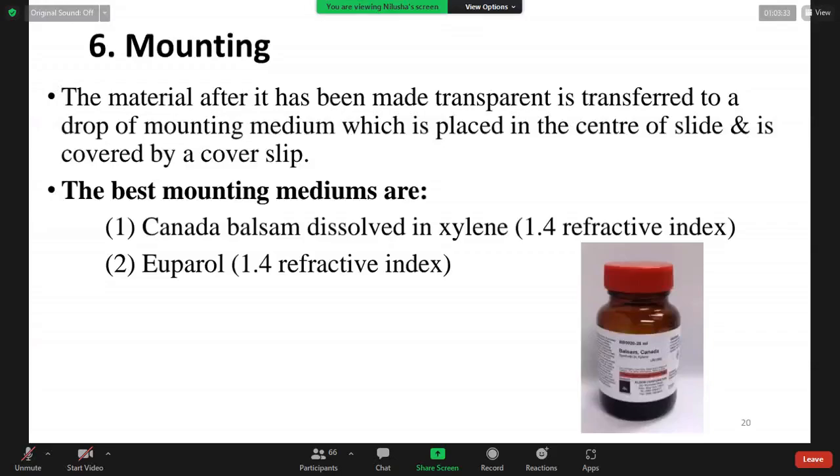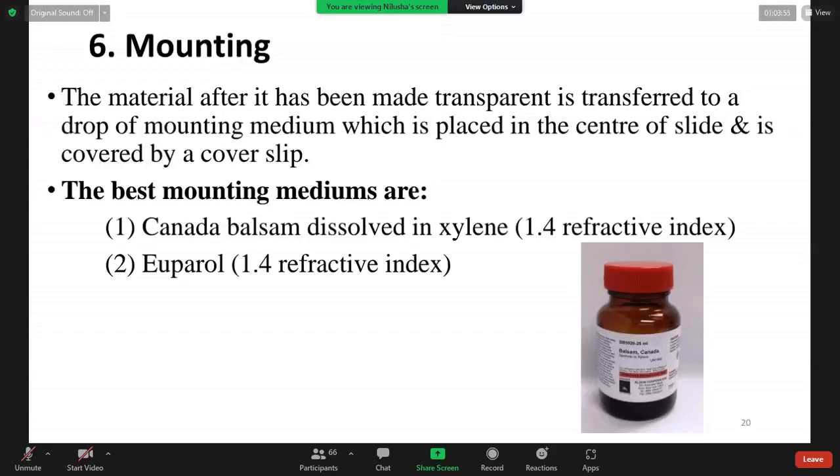Can you explain how we prepare a herbarium? First, we have to collect the specimen.